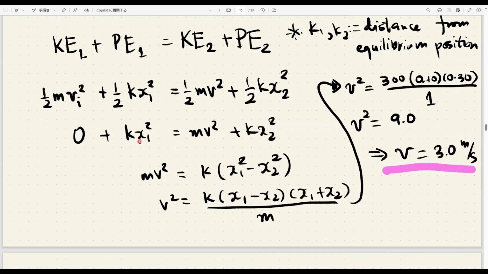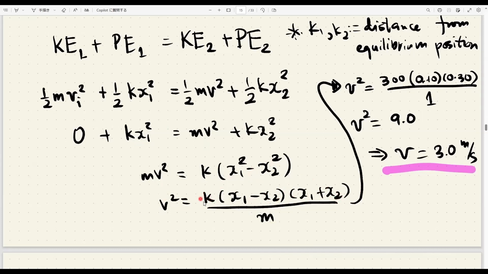And now I divide everything by m, so I'm left with v squared here, and here I have m. Now, on the top, instead of squaring, I decided to factor this out into x1 minus x2 and x1 plus x2. I just feel that it is easier to compute it this way.